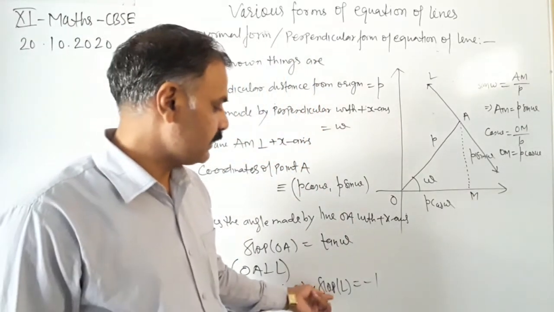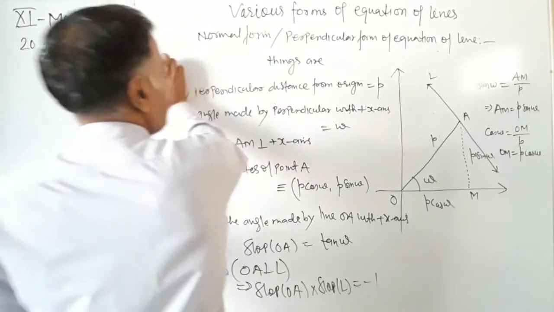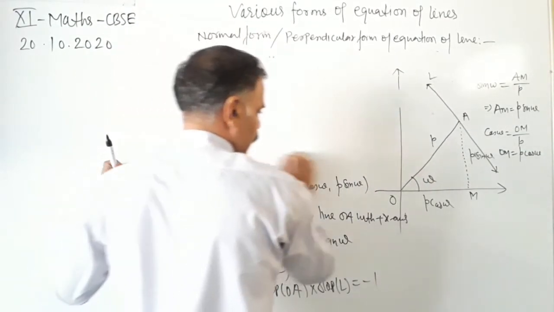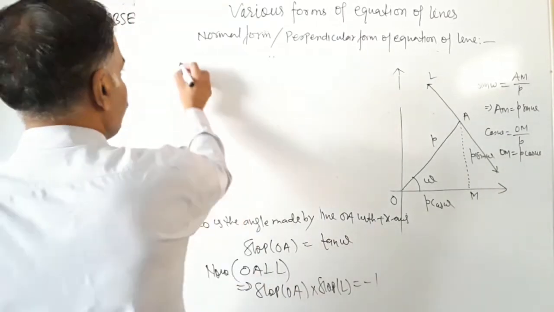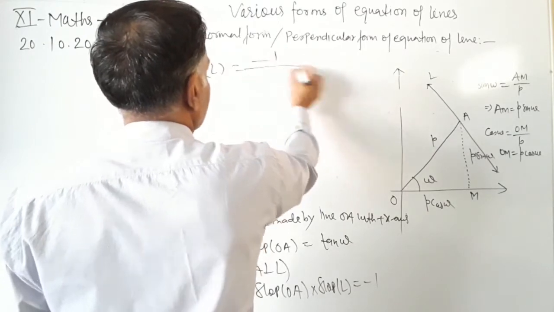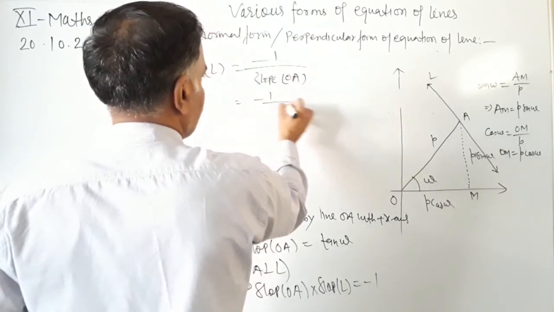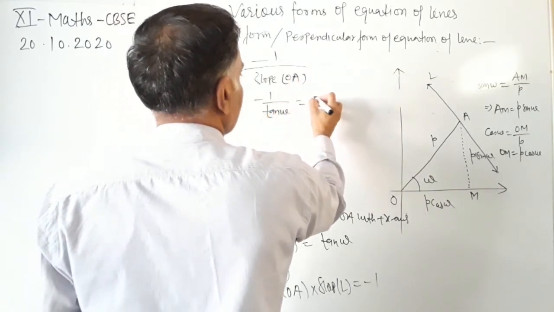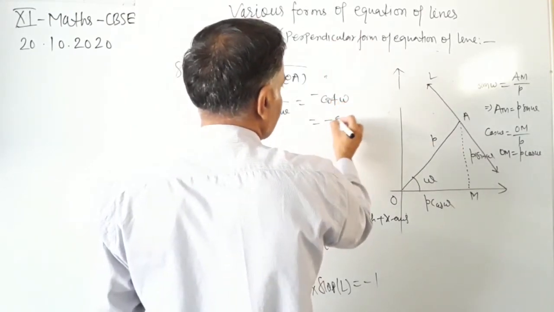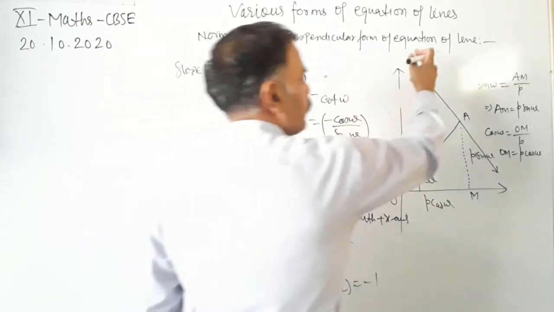By using this we can find the slope of the line L. So the slope of line L equals -1 upon the slope of the line OA, that is -1 upon tan omega, which is minus cot omega, equal to minus cos omega upon sin omega. This is the slope of the line L.